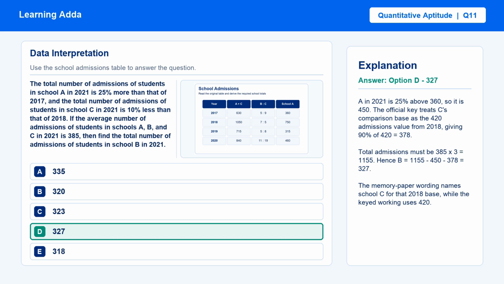Total admissions must be 385 times 3 equals 1155. Hence B is equal to 1155 minus 450 minus 378, which is equal to 327. The memory paper wording names School C for that 2018 base, while the keyed working uses 420.